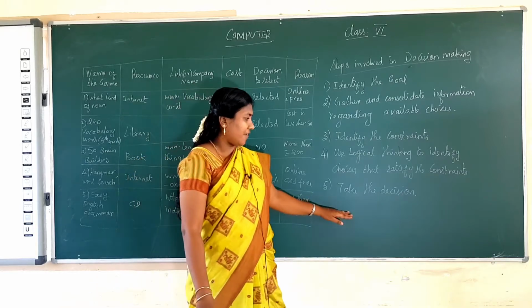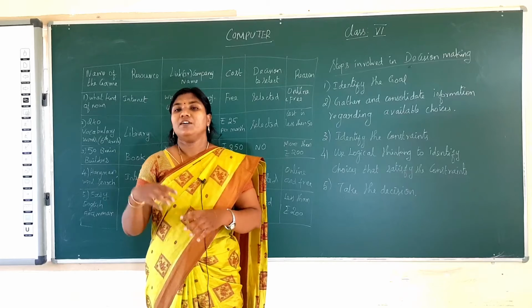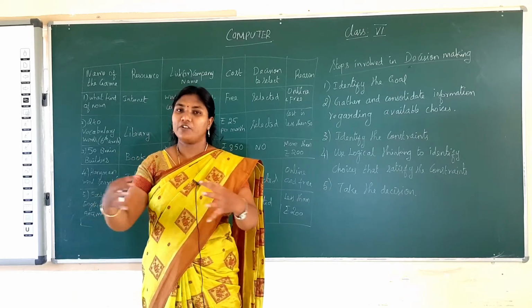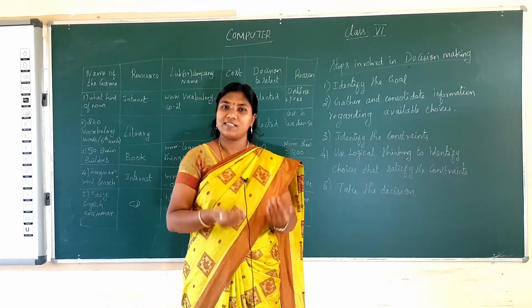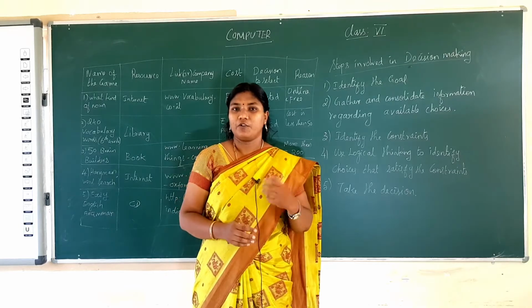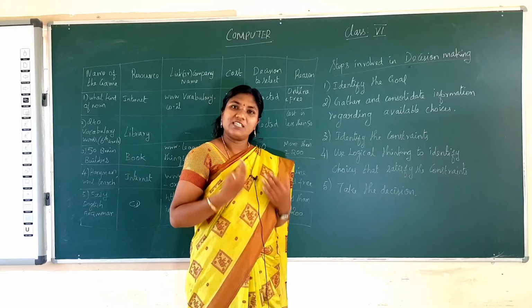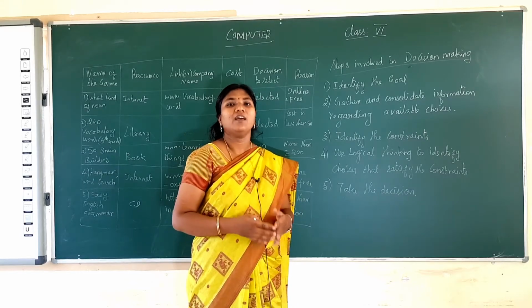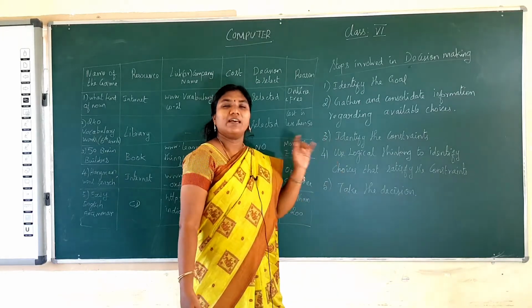So this is the same way, when you go for a purchase: how you find the goal, how you gather the choices, and then how you identify the constraint, and you use logical thinking and finally decide what you have to buy. The same thing applies in whichever purpose we are using it; you use these 5 points as the main points while making a decision.